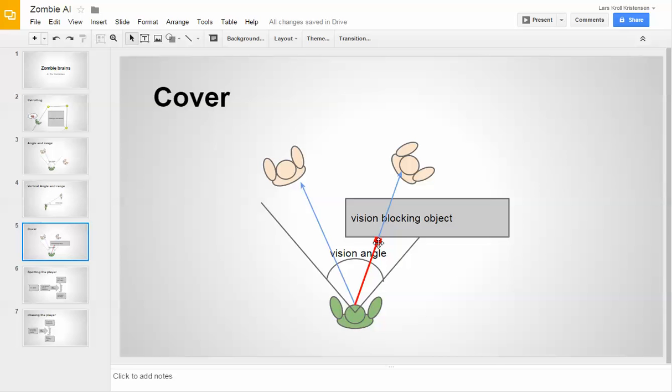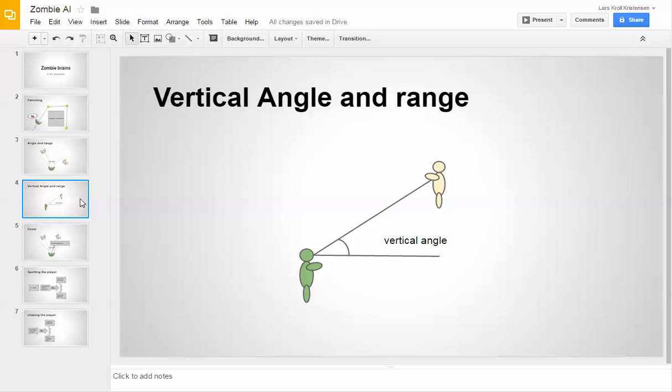Another couple of things that I'm doing a little bit differently than the stealth example on Unity3D's homepage is that I'm actually checking from the head position of the zombie.